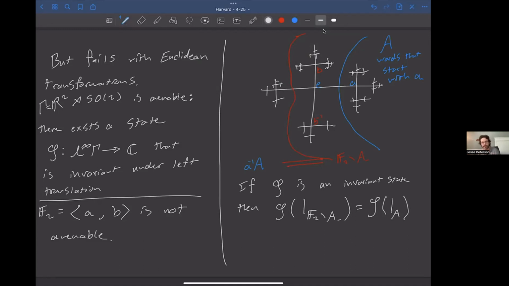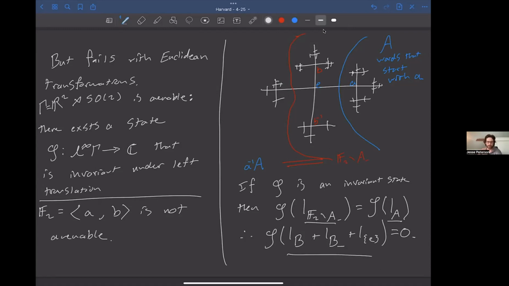But this means that the set that's left over, so therefore, in particular, the characteristic function of all the words starting with B, or the characteristic function of all the words starting with B inverse, or the characteristic function of the identity element, so this has to be 0 because it's between these two things. We add this function to this function and we get this.